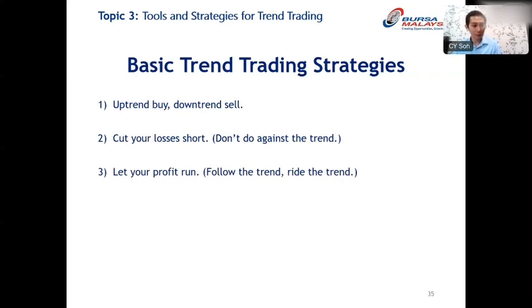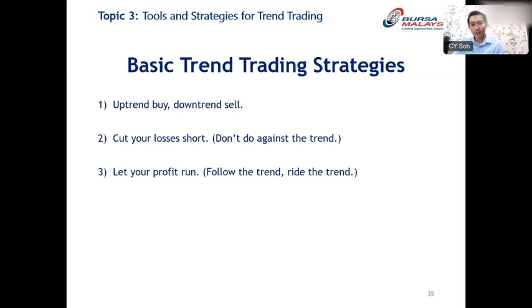If you're doing trend trading strategies, it means you need to let the profits run. As long as the uptrend is still intact, you follow the uptrend. If the downtrend is still intact, you follow the downtrend. Always follow the trend and ride the trend so that you are able to take advantage of the momentum of the trend as well as the direction and earn as much as possible.